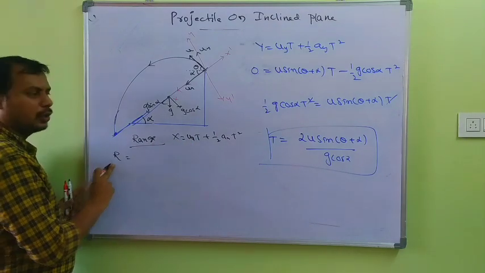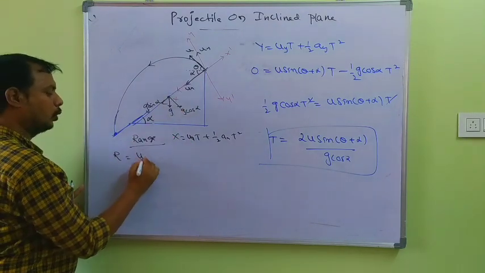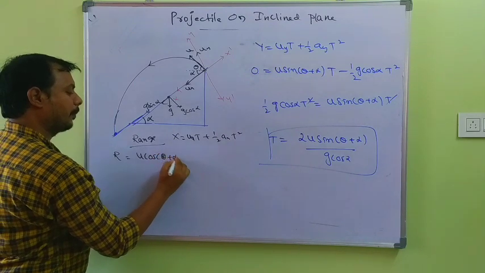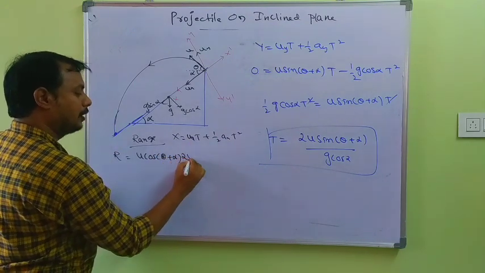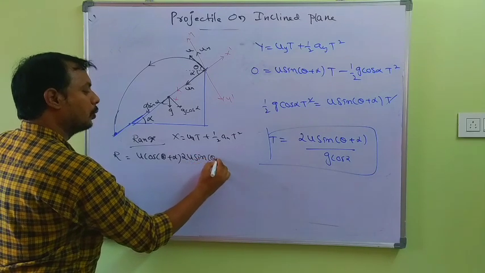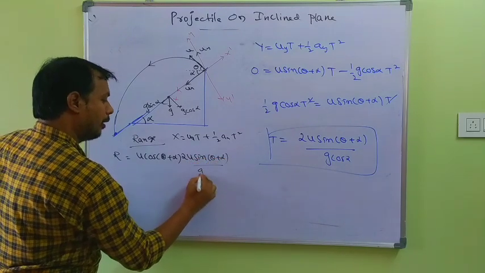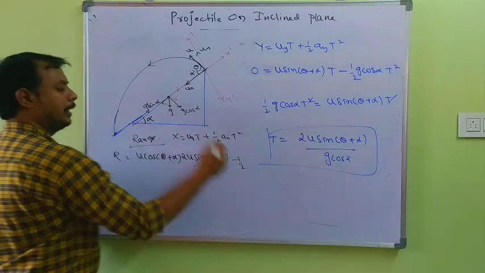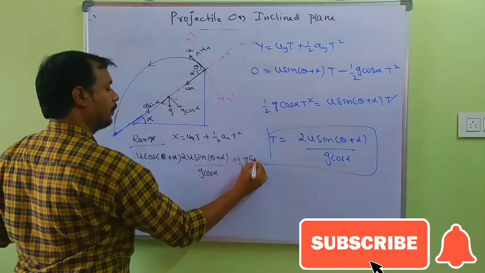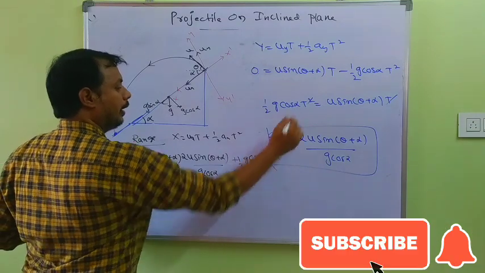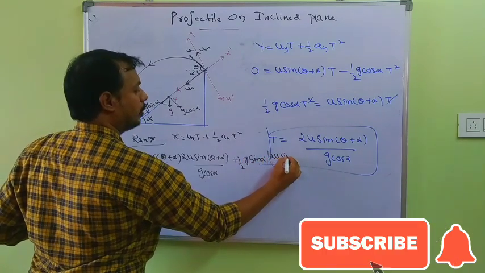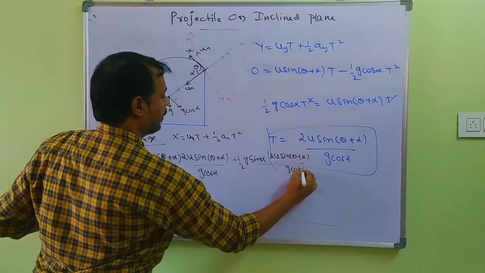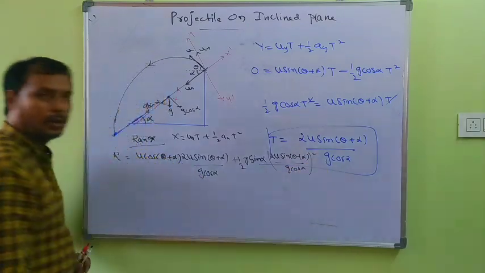Here ux is u cos (theta plus alpha), the time of flight, which I just derived, is 2u sin (theta plus alpha) by g cos alpha, and ax is plus g sin alpha, into t square, that is 2u sin (theta plus alpha) by g cos alpha whole square.